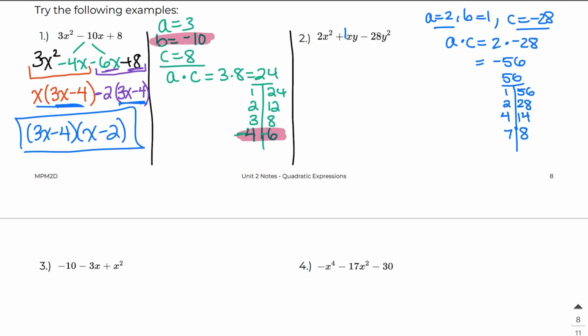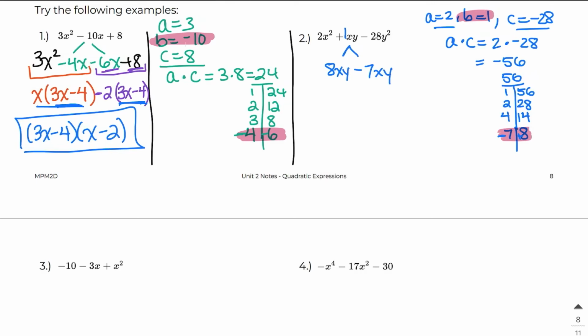Which one of these sets of values can also give me this 1 right here? I can only get a 1 from a 7 and an 8 if the 7 is negative and the 8 is positive. So I'm going to split this up into a positive 8 and a negative 7. But do you see this xy?